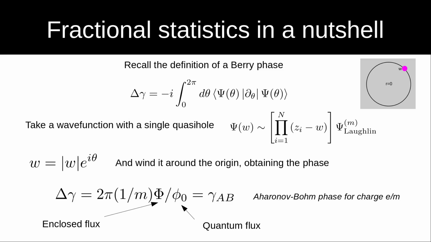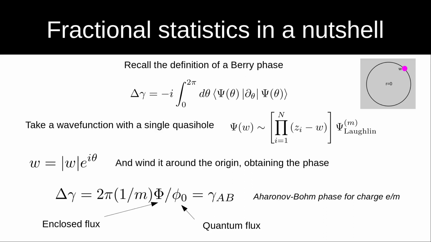You can do this just by first writing down how the many-body wave function in the presence of an excitation looks. That just consists of multiplying by z_i minus w, then parameterizing your w by the absolute value of w times e to the i theta, and then just computing the integral that you have over there for the Berry phase.